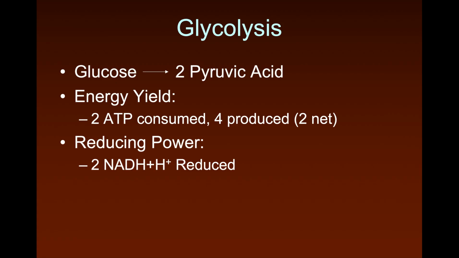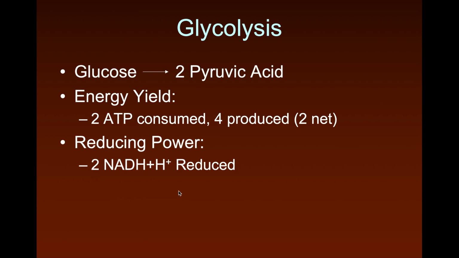So let's start with the process of glycolysis. Glycolysis takes glucose and converts it to pyruvic acid or pyruvate as a metabolic intermediate. This process will yield a net total of 2 ATP. 2 ATP are actually used in this process to phosphorylate some of the metabolic intermediates here, and 4 will be produced. So we say a net total of 2 ATP, and this is all through substrate level phosphorylation.